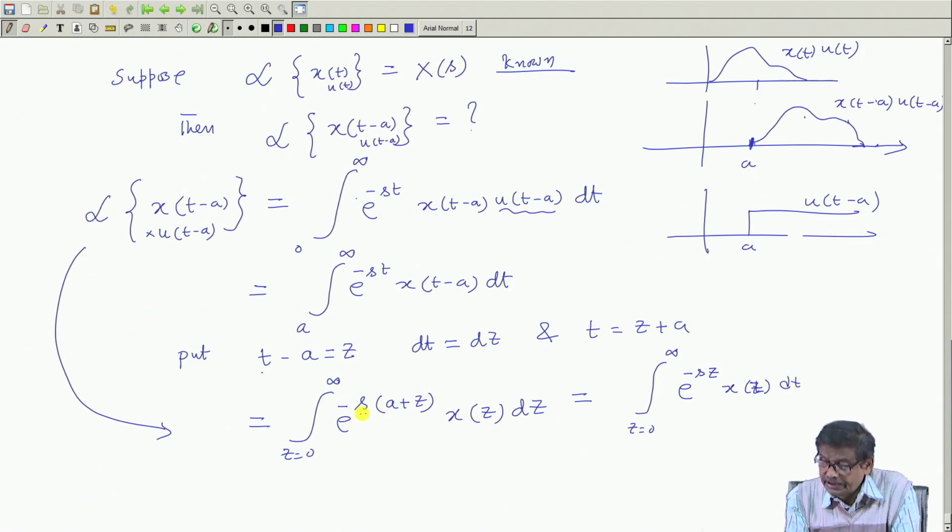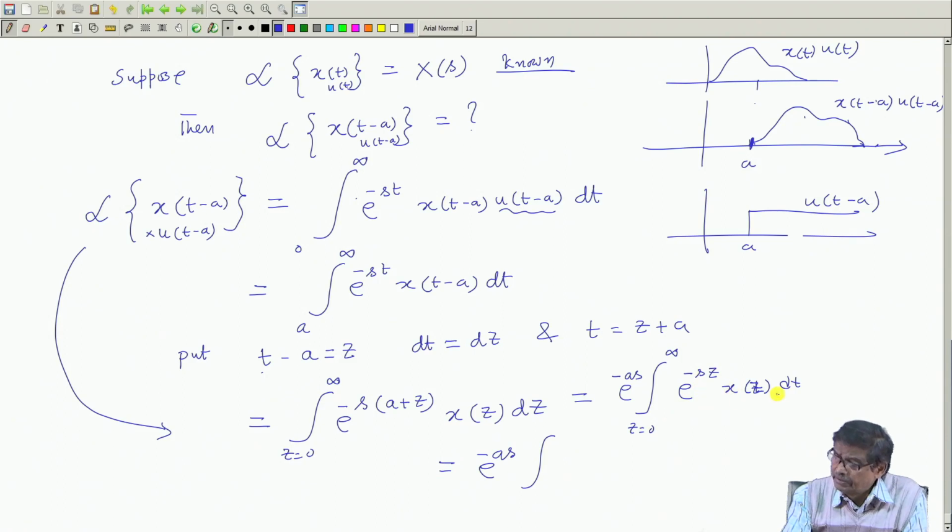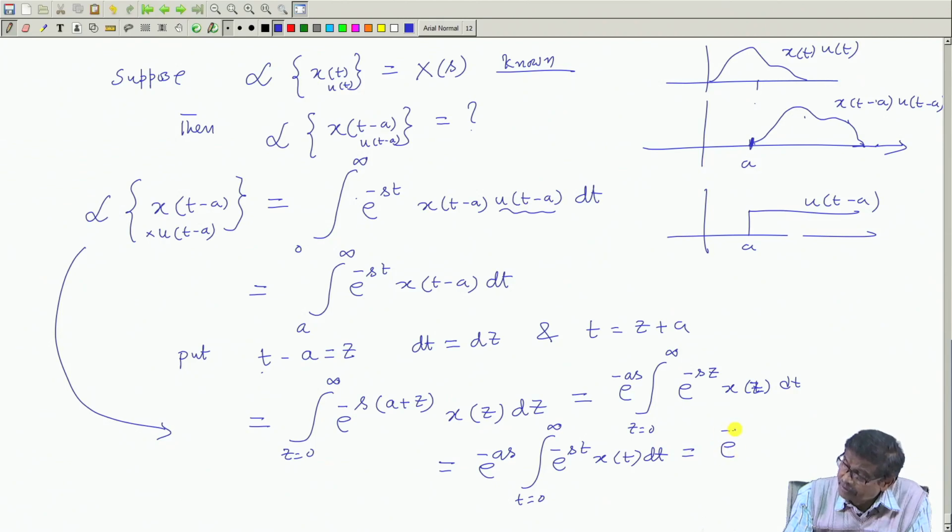And this e to the power minus a s, since I am integrating with respect to z, can be taken outside the integral. Now, z is a dummy variable here, it can be changed once again to t. How does it matter? The integration value will not change. Got the point. So, this is equal to e to the power minus a s into X(s).